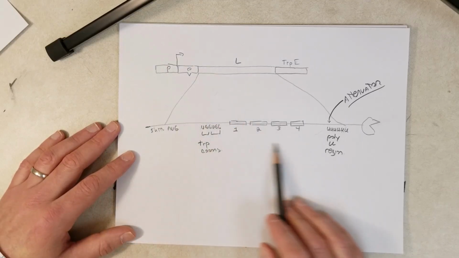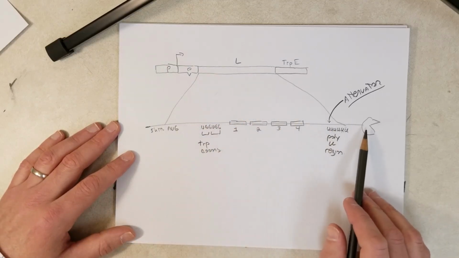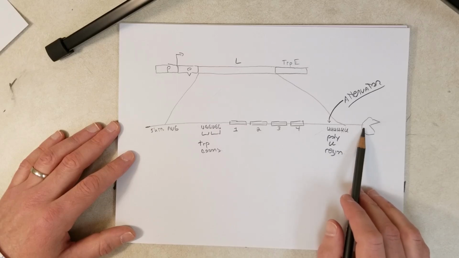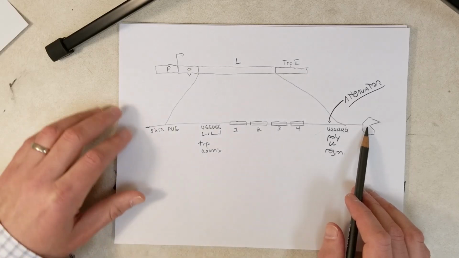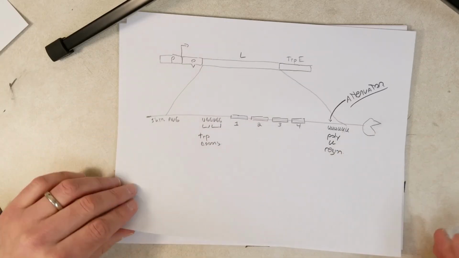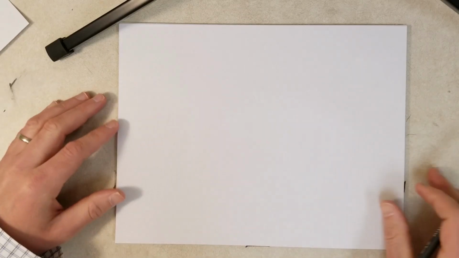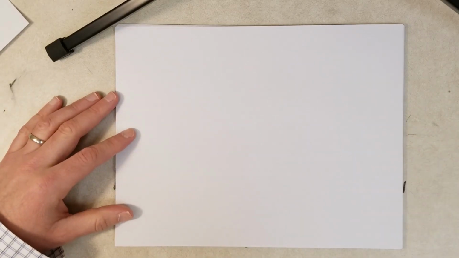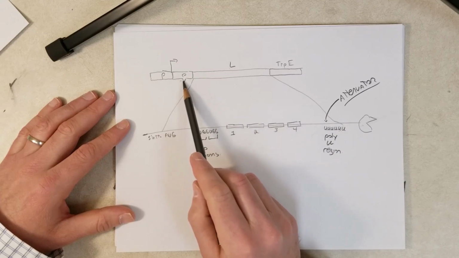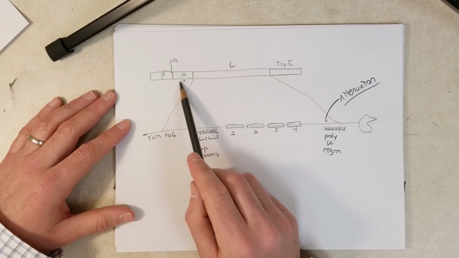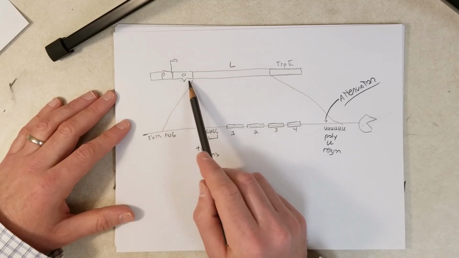Okay, so how do these work together to control whether RNA polymerase continues to transcribe the operon after the poly-U region? In order to get to this point, RNA polymerase had to make it by the operator. But let's say it's possible that it made it by when tryptophan levels were high.